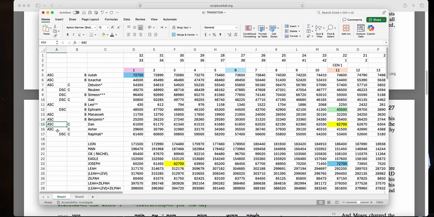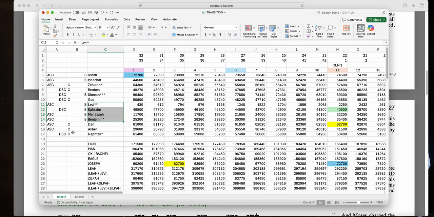We end up with 8 that are ascending and 5 that are descending. And then similarly, remember our blessings and curses. Well, we end up with 7 of these that are blessings, and then we have 6 right here that are curses.